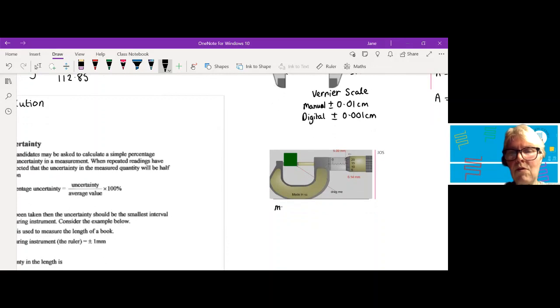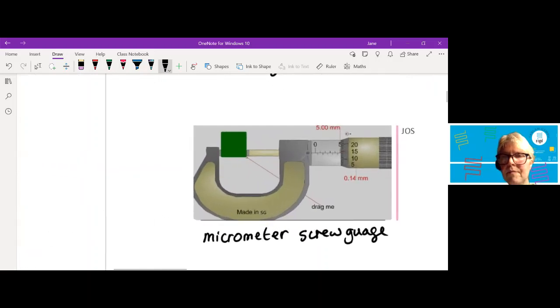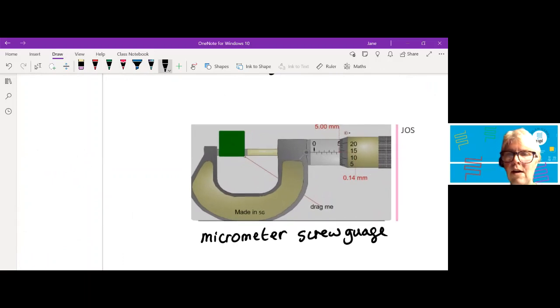So this is a micrometer screw gauge, and this has an even greater resolution. Now if I expand it, each of these is a millimetre, and the ones underneath are 0.5 millimetre. This turns here all the way around. This is a manual one, and it turns all the way around so that it turns once every 0.5 millimetre.